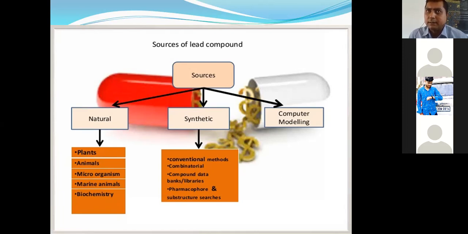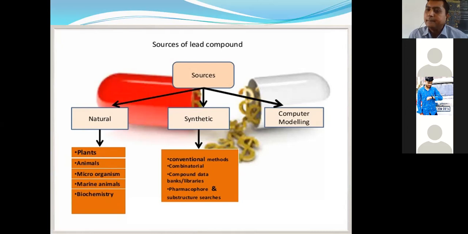But nowadays many synthetic drugs are in the market. So the sources of drug are natural and synthetic: from plants, animals, microorganisms, marine animals, and biochemistry as well.